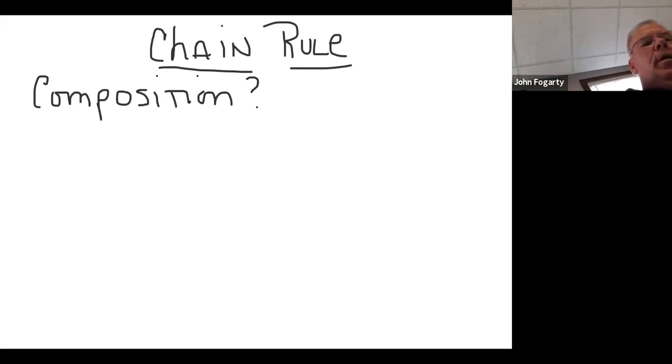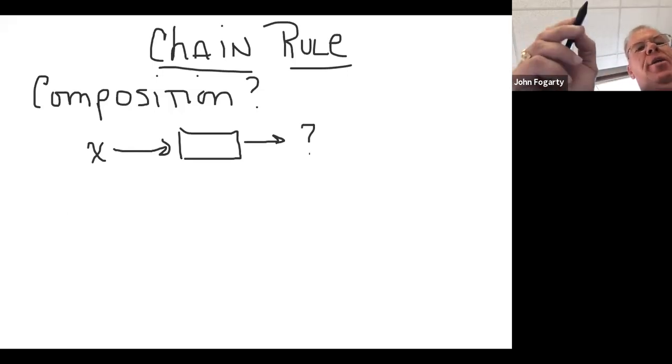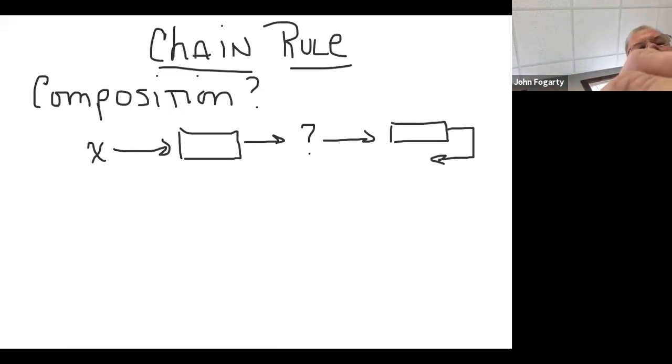A composition simply means you take some number and put it into a function. When you put it into the function, you get another number. You then take that number and put it into a different function, and then you come up with your answer.